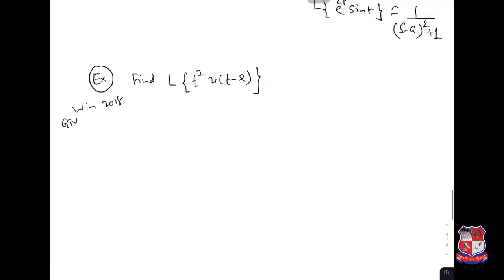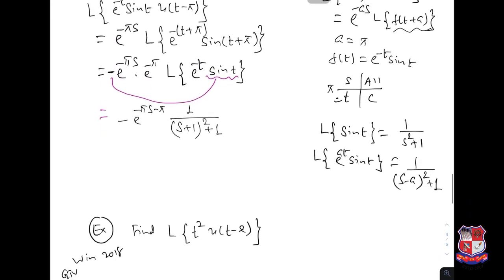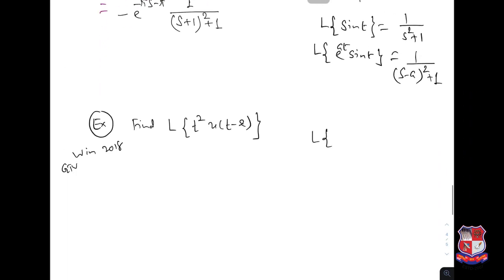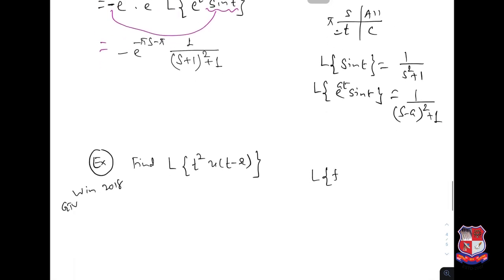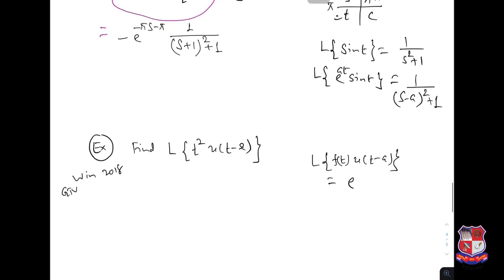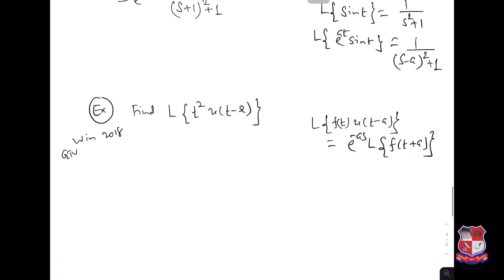Now a simple example. It is the same second shifting theorem. Laplace transformation of f of t u of t minus a is equal to e power minus as, and Laplace transformation of f of t plus a. So that result we are using.